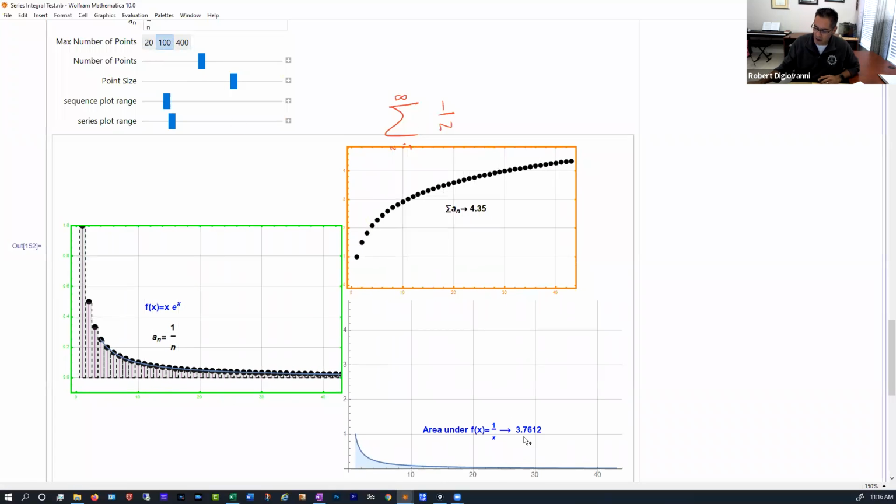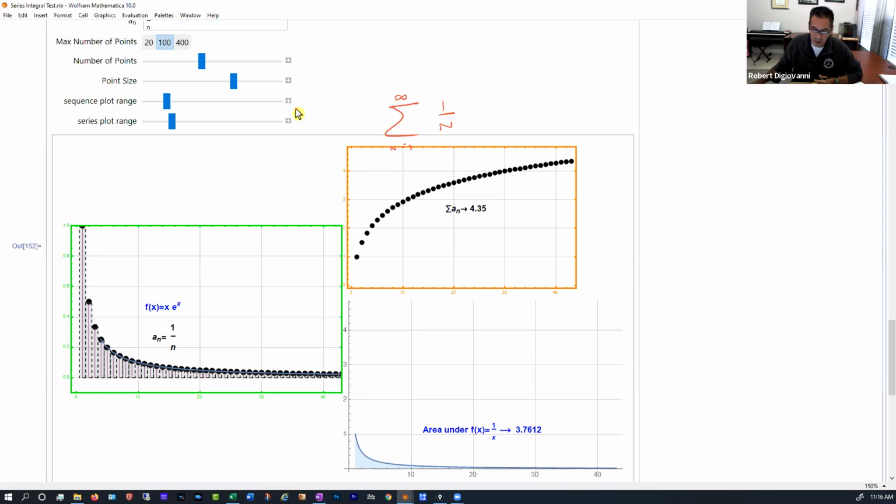See how it's just not flattening out? It just keeps on getting bigger and bigger the further I go. So the area under 1 over x diverges, and so does the series 1 over n. So that's basically how the integral test works. It works in both cases. You get convergence of the area, convergence of the series, divergence of the area, divergence of the series. Okay?